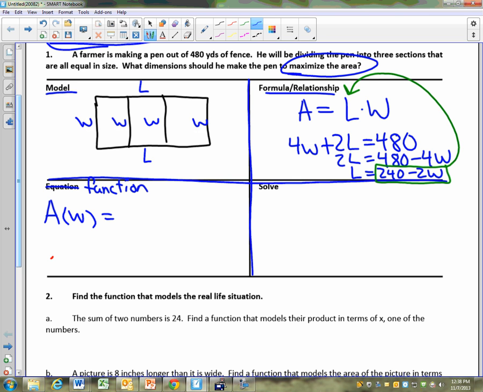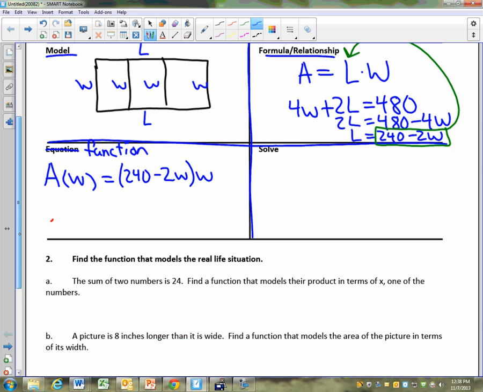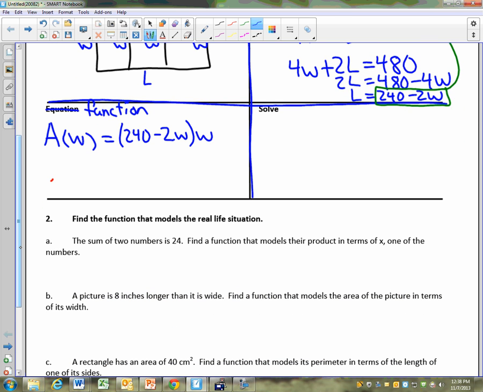And the area in terms of W is going to be equal to my length, which is 240 minus 2W, times that W right there. So my area in terms of W is equal to 240W minus 2W squared.